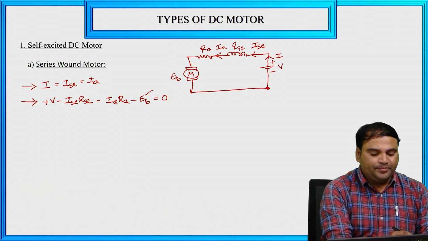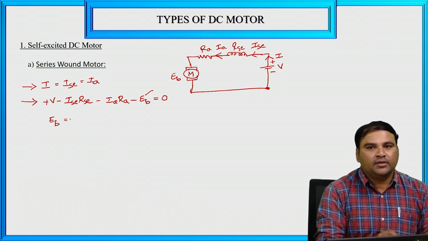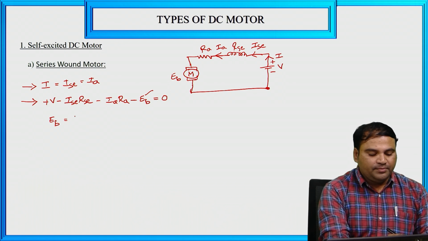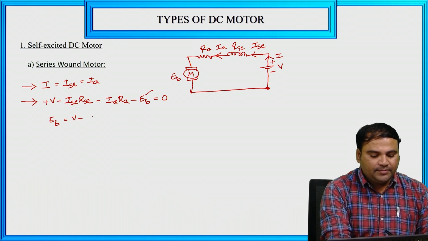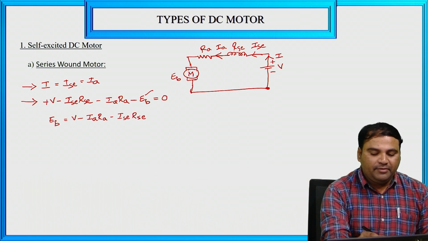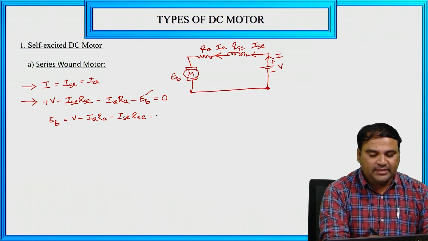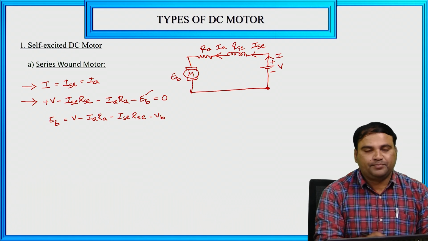So here EB equal to V minus IA RA minus ISC RSC. And for this motor, we are having the brush voltage drop, that is minus VB.